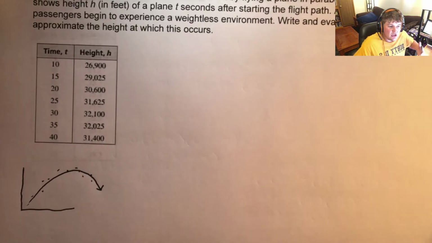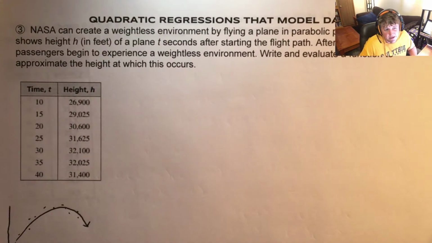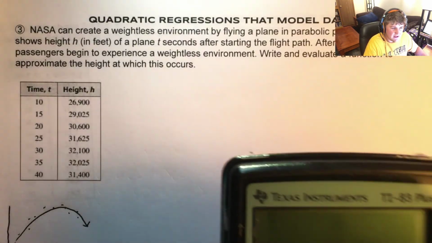We can use quadratic equations to model this data without it going through all of the points, to use it as an estimation tool. This is used in all sorts of business aspects, in science, and often we just call them regressions, like what's the best fitting line. So what we're going to do is actually see that happen on the calculator. I should have explained that in the front end.